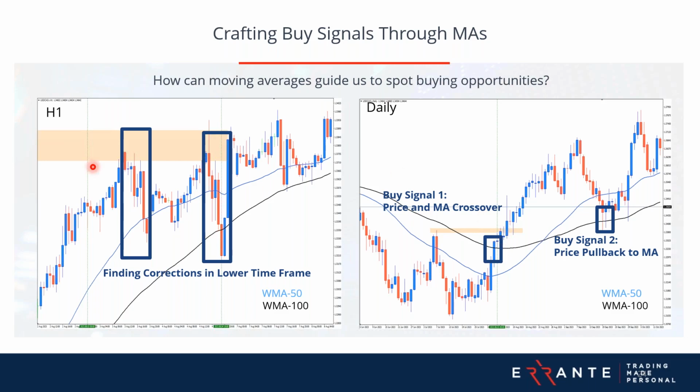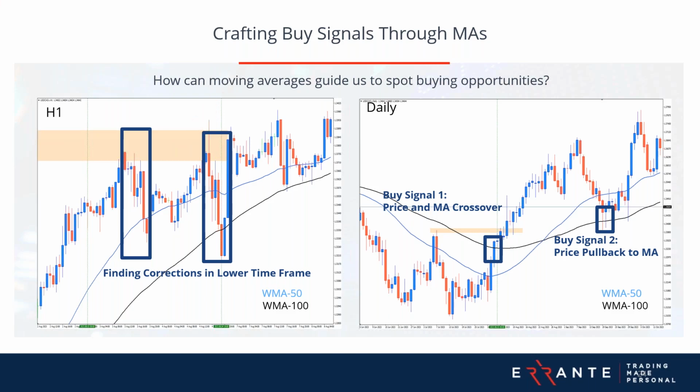So the art lies in waiting patiently for these corrections to complete, which can shape candlestick patterns indicating a reversal or a rebound from an MA, as you see here. The precise moment of turnaround is where the opportunity for entry lies.